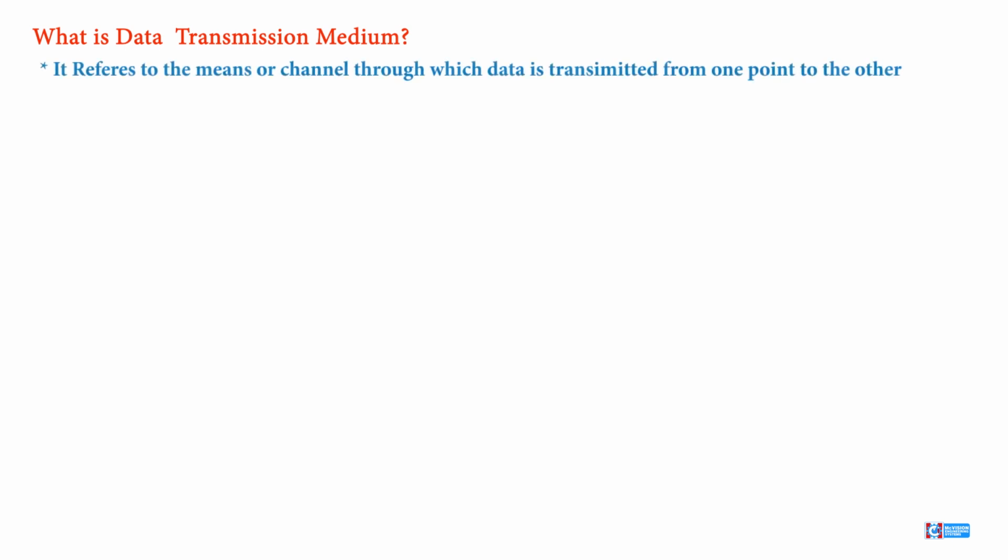Starting with today's lesson, let's see what data transmission medium means. Data transmission medium refers to the means or channel through which data is transmitted from one point to the other. These media usually serve as a mediator between the transmitting point, technically known as the transmitter or the TX, and the receiving point, also technically known as the receiver or the RX.